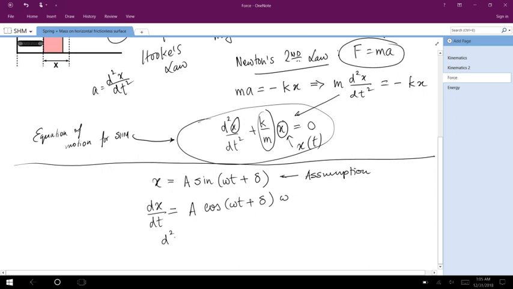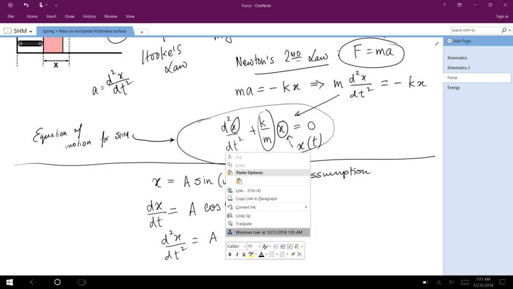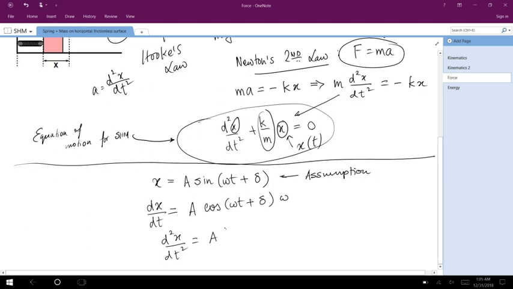And if we take the time derivative one more time, we get d2x dt2, that will give us a times, well, the derivative of cosine is negative sine omega t plus delta, and we already had an omega from the dx dt, but we'll get an additional omega, so we get negative a omega squared sine omega t plus delta.